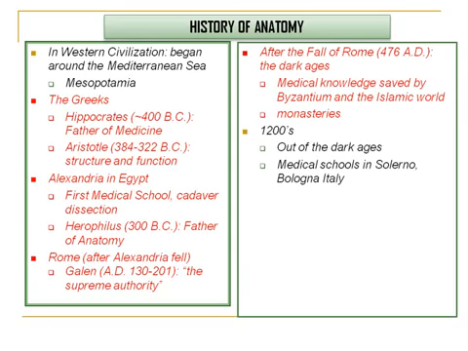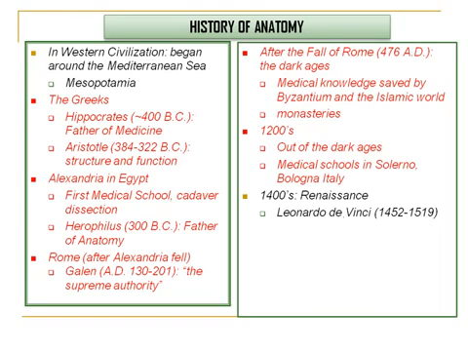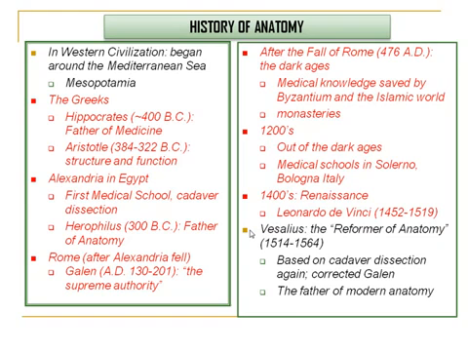Then came the age out of the dark, and a medical school was established in Bologna, Italy. Then came the Renaissance period, where Leonardo da Vinci played a very crucial role in the Renaissance of anatomy. And Vesalius is also known as the reformer of anatomy.